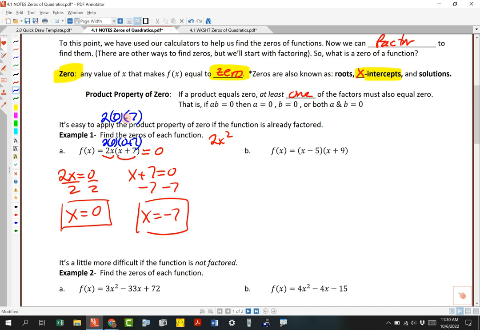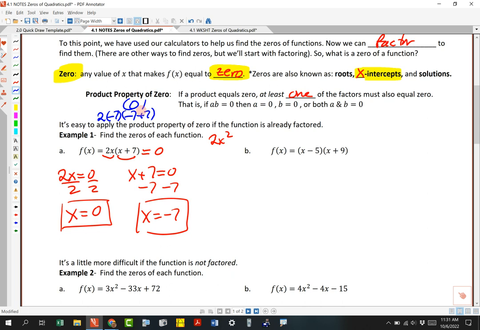Is the answer 0? Yes, it is. So I'm going to do the same thing on this one. I'm going to plug in a negative 7. This is 2 times negative 7 times negative 7 plus 7. Negative 7 plus 7 is 0. So it doesn't matter that the 2 times the negative 7 makes a 14. It's going to get multiplied by 0 anyway. So the answer to the whole thing is 0.